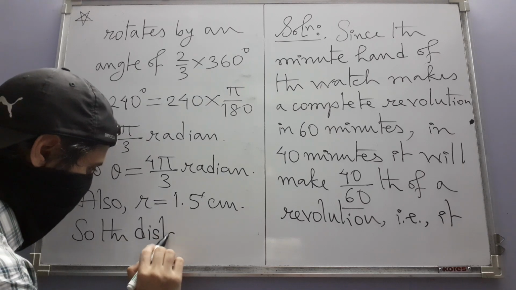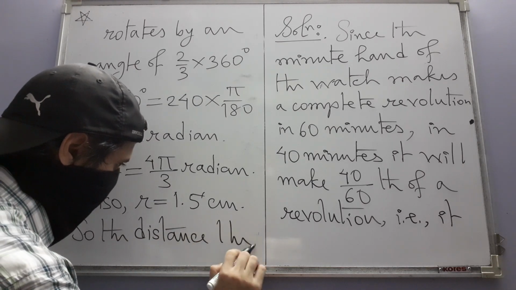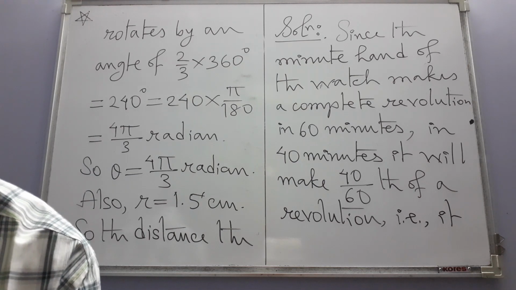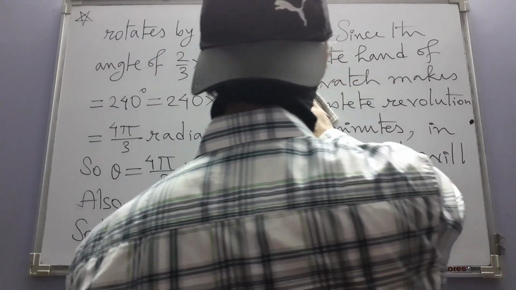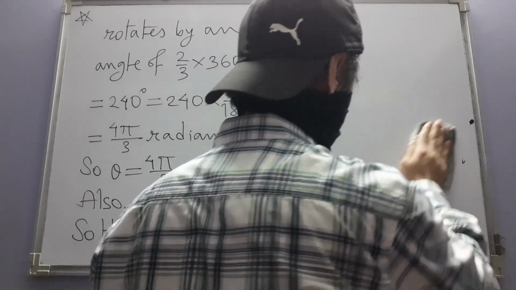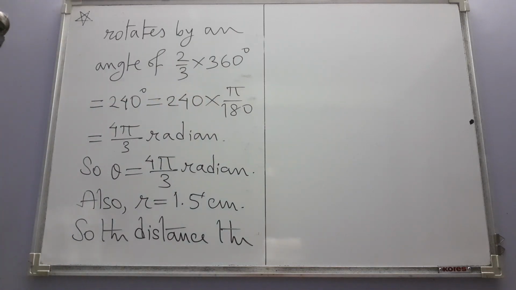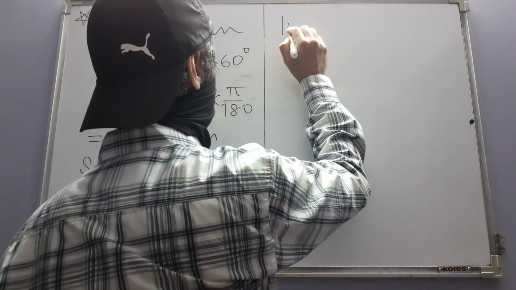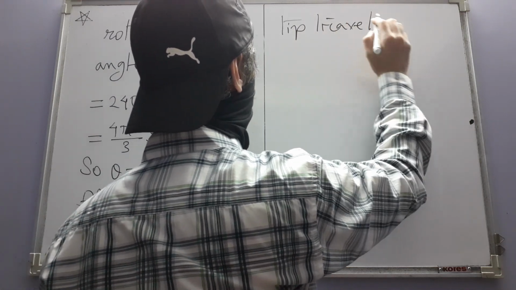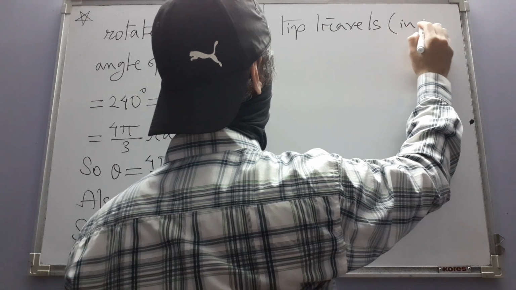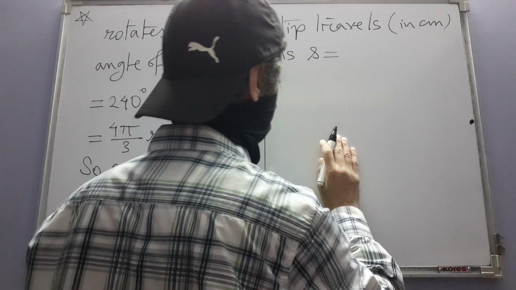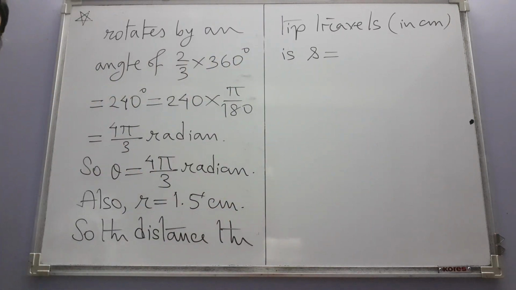So the distance the tip travels in centimeter is s. So s over r is theta.